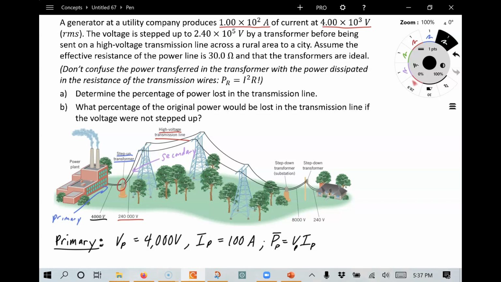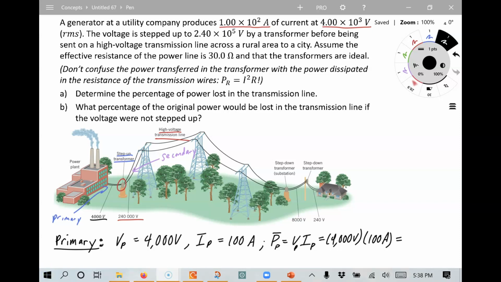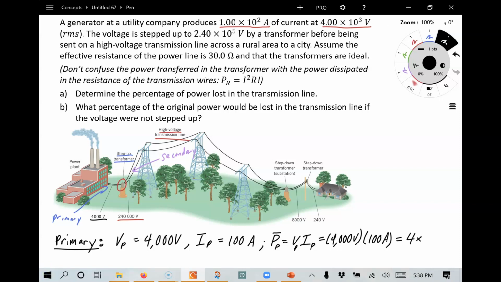We're not going to bother writing RMS as subscripts on any of these things, but this is the average power, this is the RMS current, the RMS voltage. So if we plug these two things in, we can calculate the power produced at the power plant. And we're going to get a value here: four times 10 to the fifth watts.